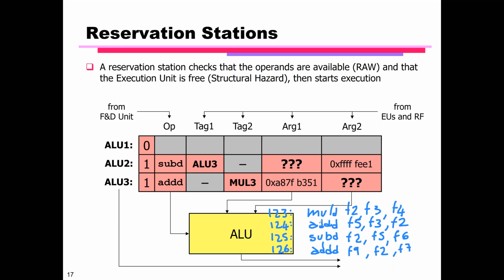This operation here, this mul_d, produces a value that will be put in F2. So in some sense, you can look at F2 as the name of the result.